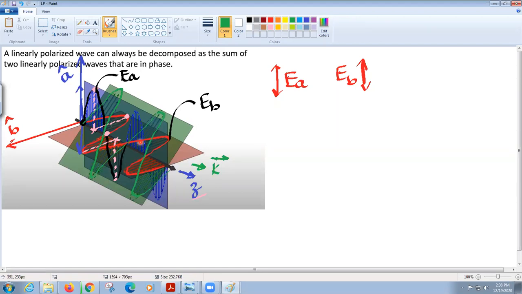Now there is a slant oscillation, but whether it is slant, vertical or horizontal oscillation, it doesn't matter. It is simply linearly polarized. We are just showing here a wave varying spatially in one dimension, that's along Z. That's the idea. So this is a linearly polarized wave.